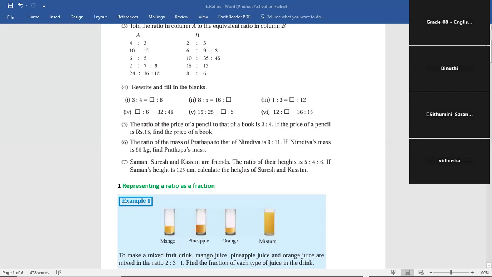Before moving into the lesson, can you see the screen?